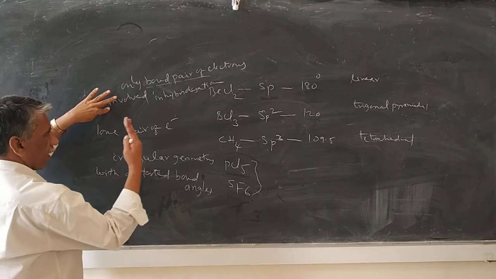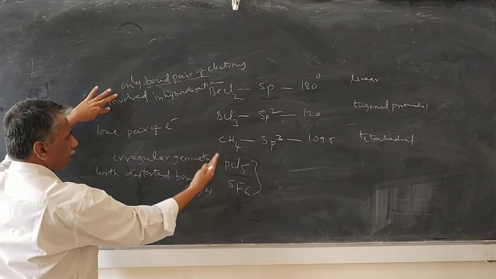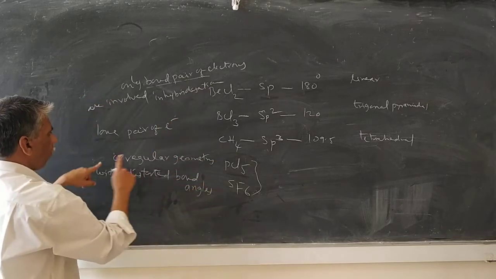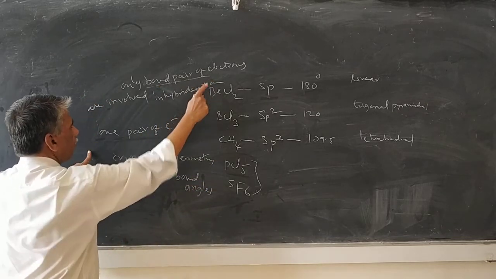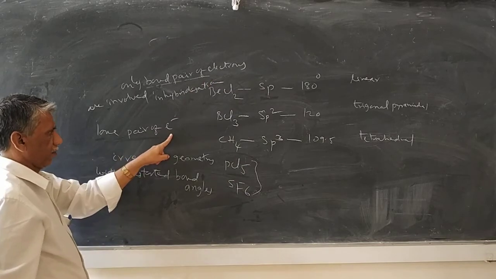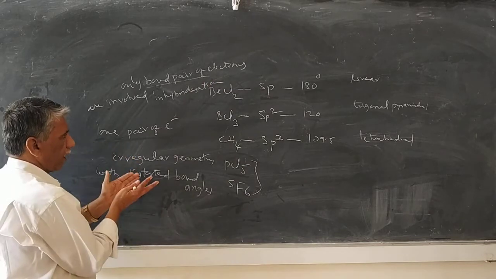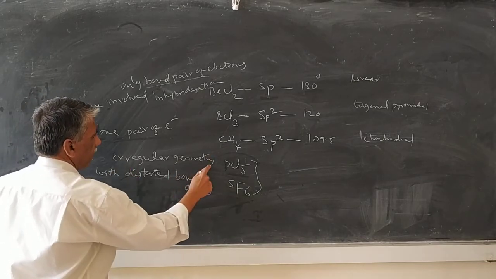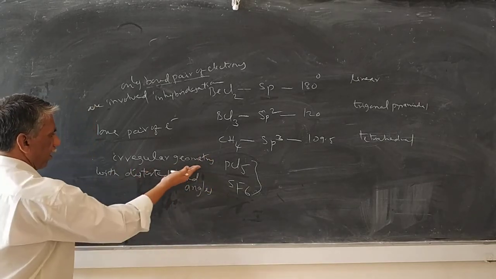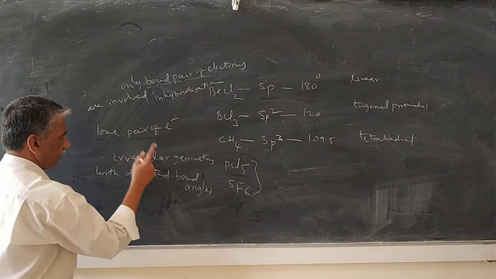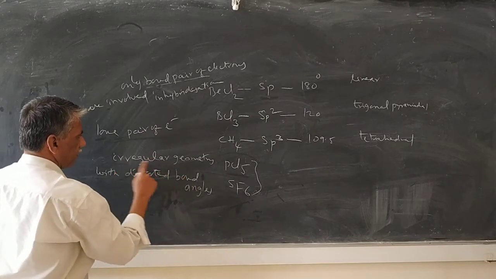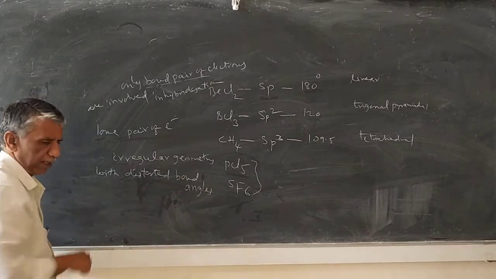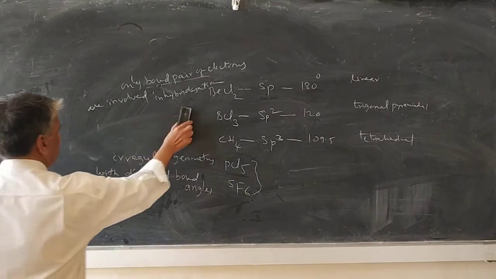But there are some molecules where the hybridization involves both bond pairs of electrons as well as lone pairs of electrons. Okay, for such molecules, the geometry is distorted, and such molecules will have irregular geometries with slightly distorted bond angles. We shall do some examples.